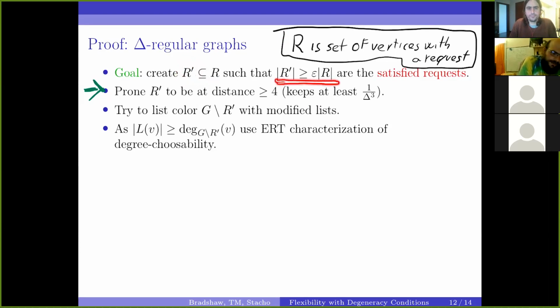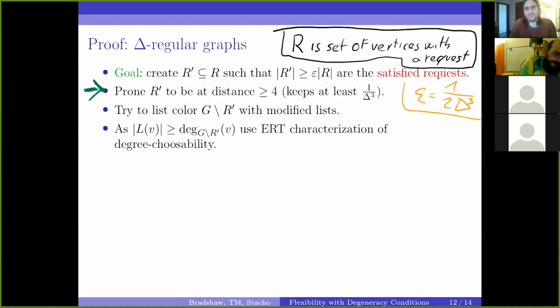And we would like them to be at least a constant, this epsilon constant, times the size of R. The epsilon, our target epsilon from the proof, is 1 over 2 delta cubed. If we show that those R prime are the vertices that will have satisfied requests, then this shows the theorem.